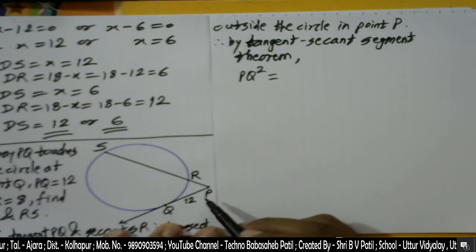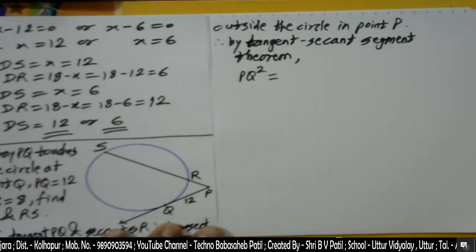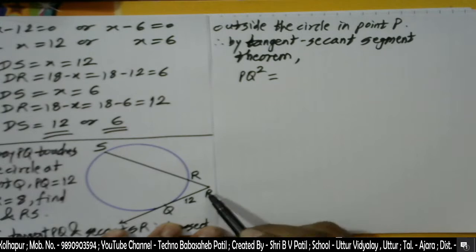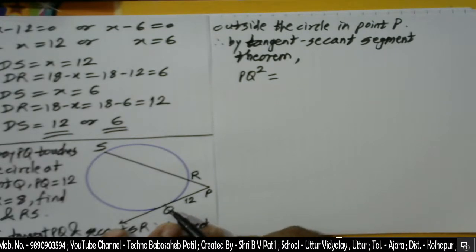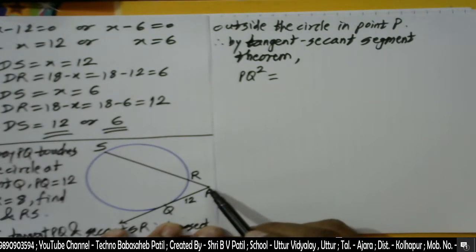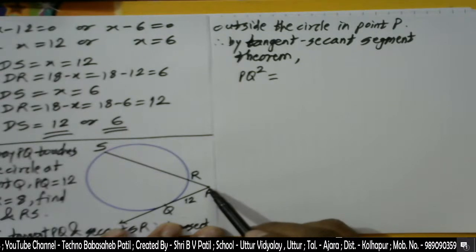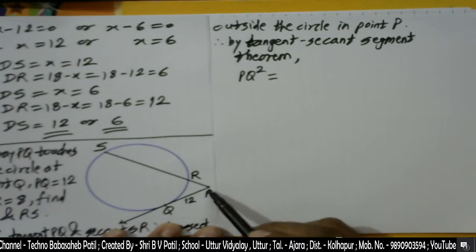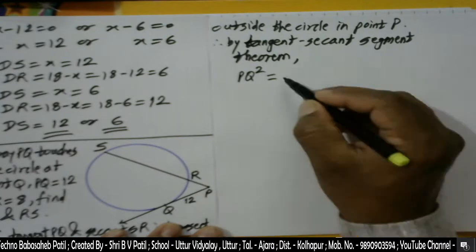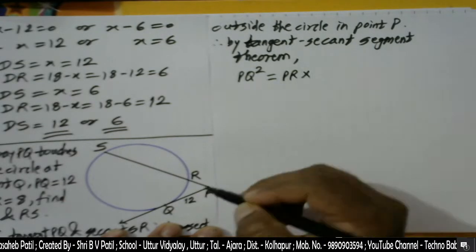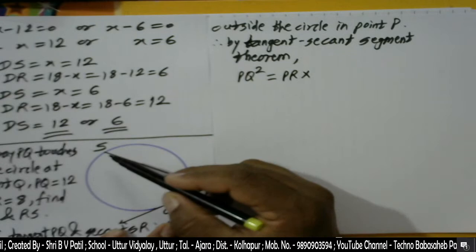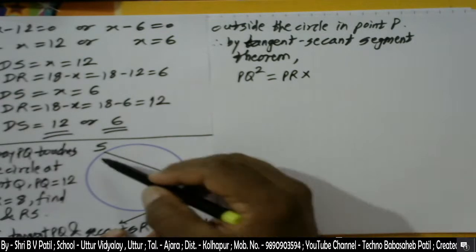PQ square is equal to, from the intersecting point to the first endpoint, that is PR, into from P to the other endpoint, that is S, the PS distance.